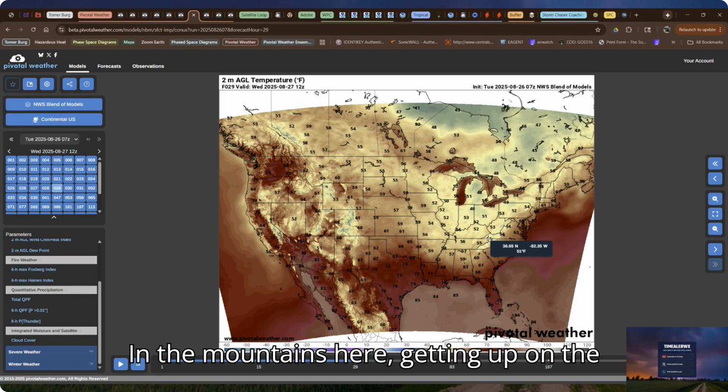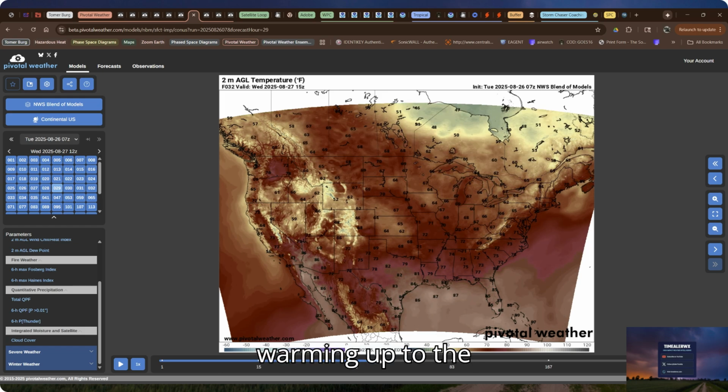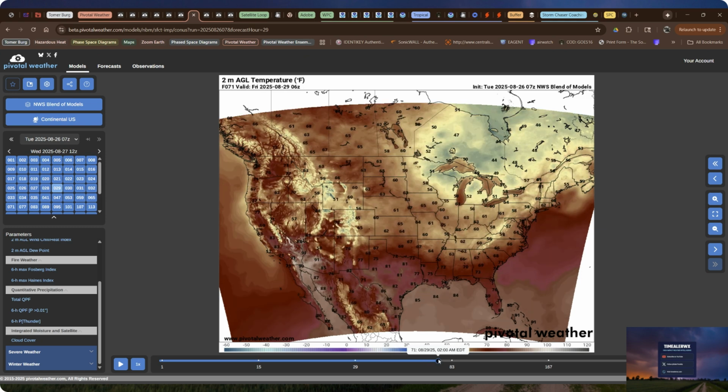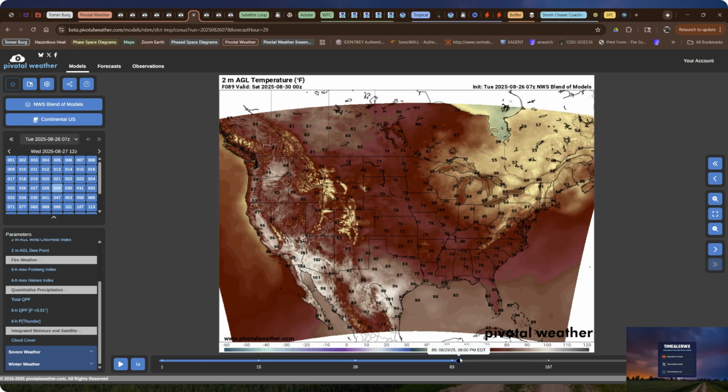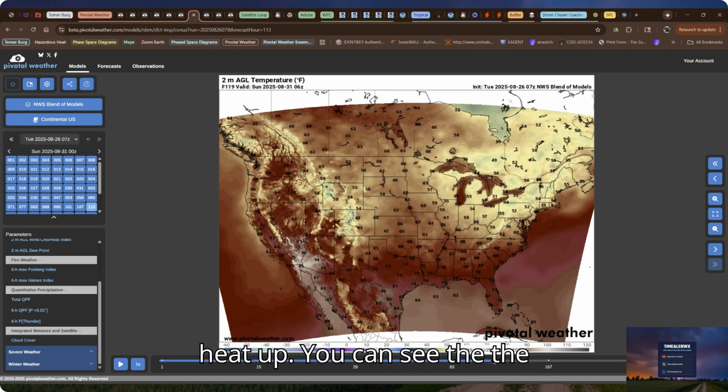In the mountains here, getting up in the low 50s, 49 up here by the Great Lakes, warming up to the 80s. Texas starts to get hot again. Not too bad. Desert Southwest starts to heat up.